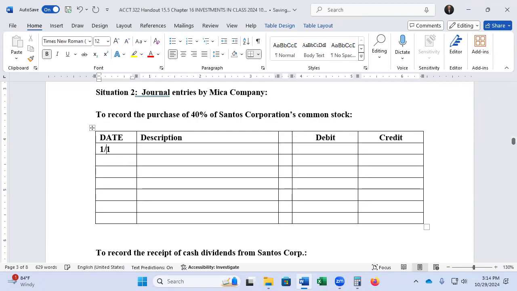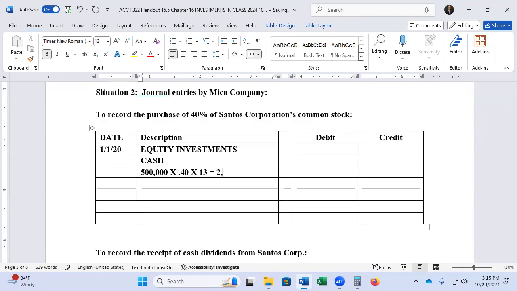So this is 1/1/25. And we have a debit to equity investments and a credit to cash. And so we have to calculate how much. So they have 500,000 shares, which we got 40% of, at $13 per share.